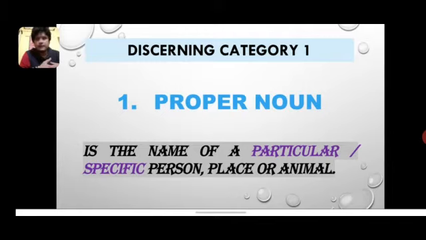If I christen my pen by the name, let us say, Akash, my name itself, I cannot say I have an Akash in my pocket. It does not sound sensible. It's not a sensible reference. So therefore I have exempted that word thing here. So a proper noun is the name of a particular or a specific person, place, or animal.